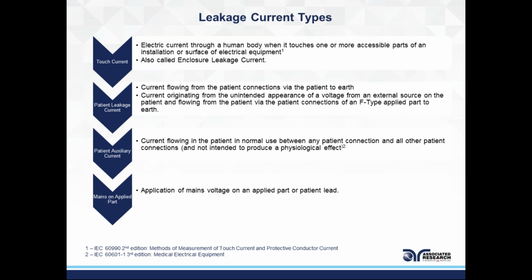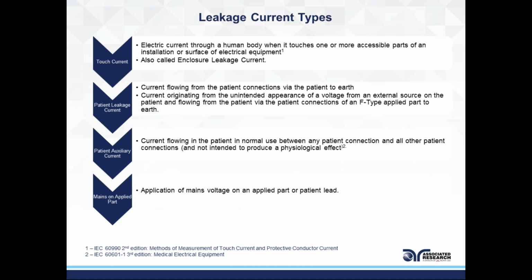They're called patient auxiliary, which is measuring between two electrodes, or two patient parts. When you have more than one applied part that comes in contact with a human being, and the functionalities are different, so if one is measuring something for heart rhythm and the other one is measuring the oxygen levels, they have two different functionalities.